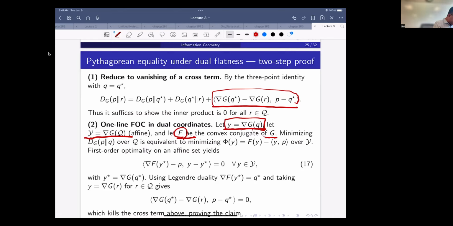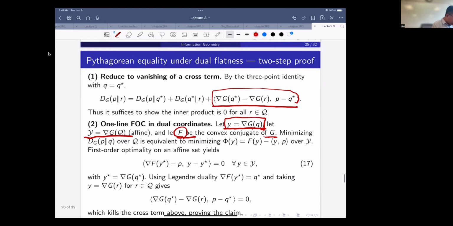And then see this guy. Because of the duality, we have an equality: D_G(P||Q) is equal to D_F(Q*||P*).